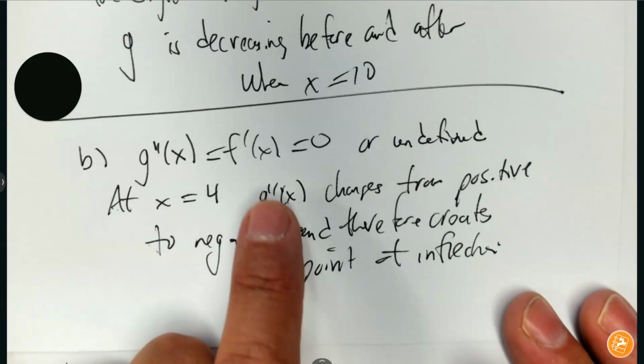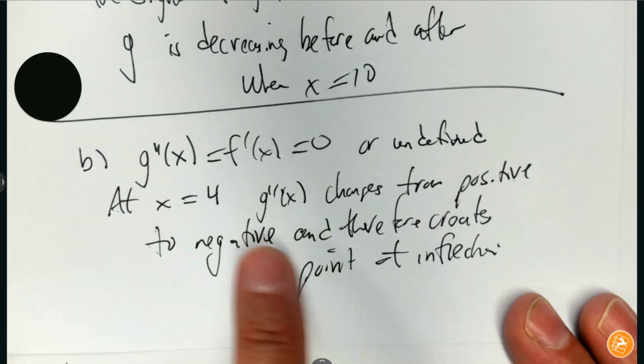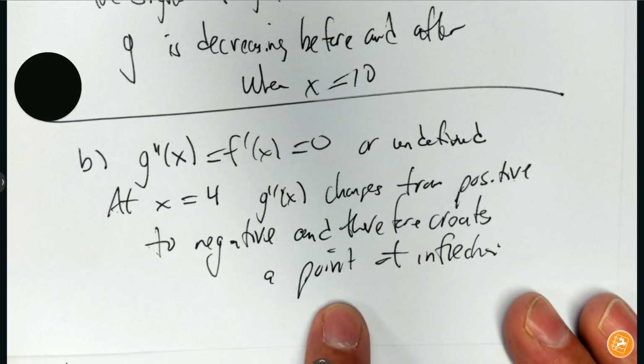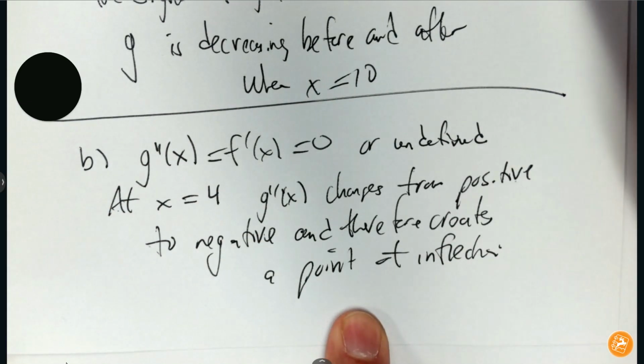So at x equals 4, the second derivative changes from positive to negative. That's the increase and decrease, and therefore creates a point of inflection. All right, 2 more left.